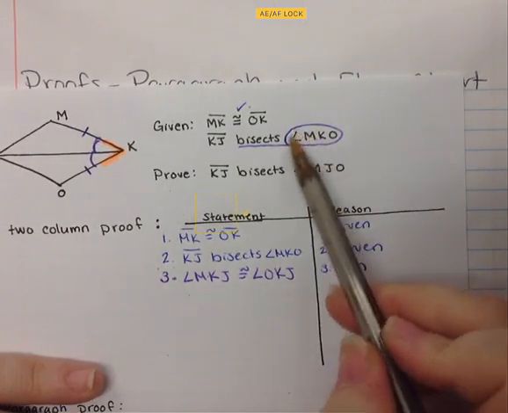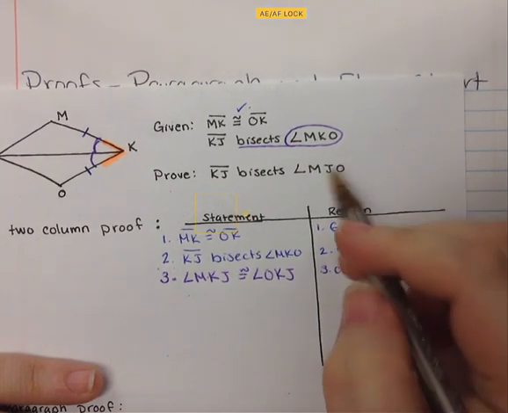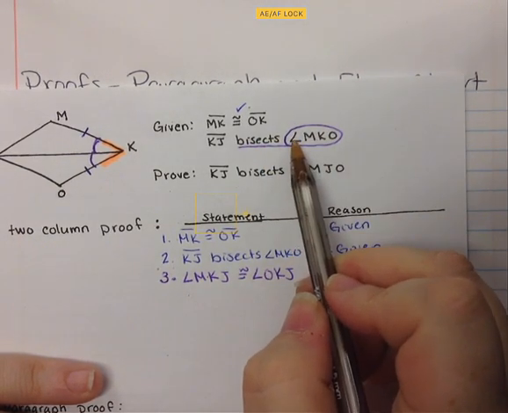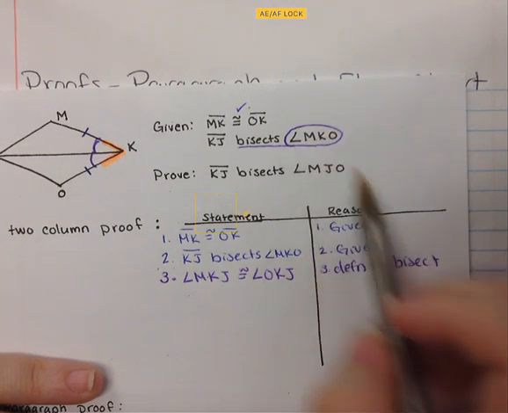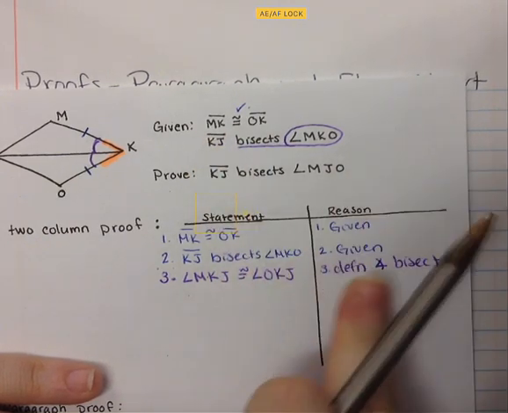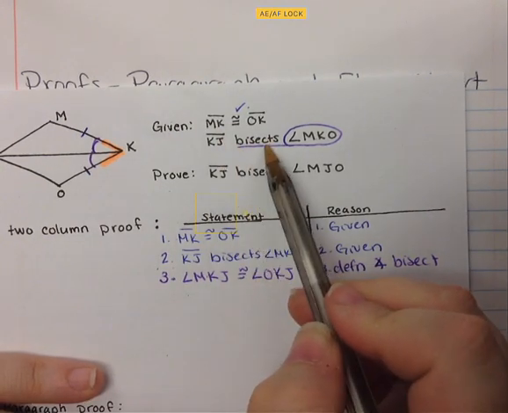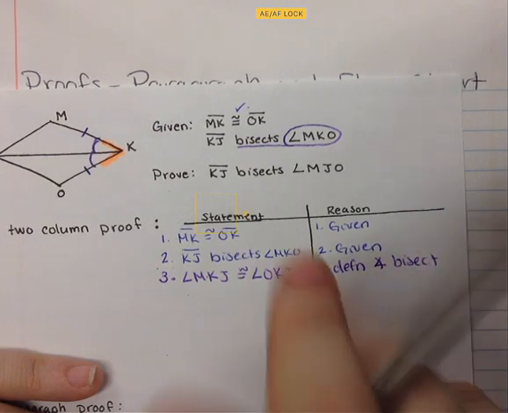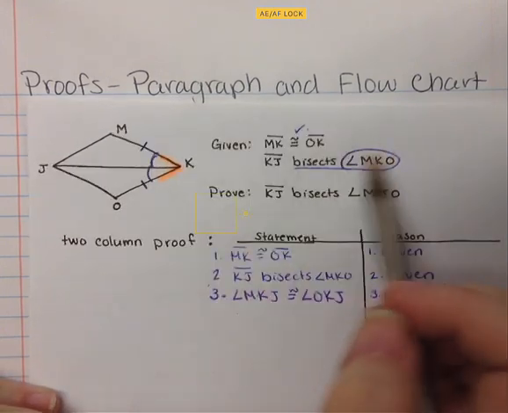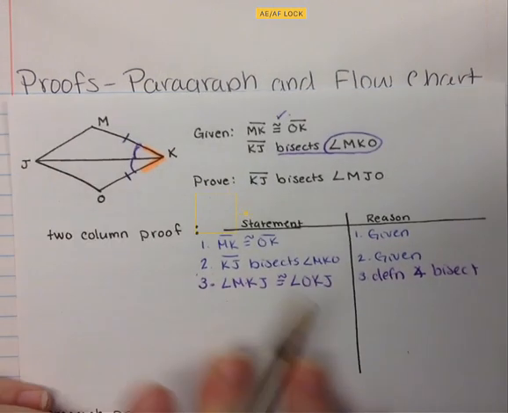I circled an angle, so I use the symbol angle. I underlined bisect, so I use bisect. I did not touch KJ, so I don't say anything about KJ in here. Nowhere in here does it say KJ, because I didn't touch it. Circled a symbol of an angle, use the symbol of an angle. All we did was go to that angle, MKO, and split it in half. That's all we did with that.